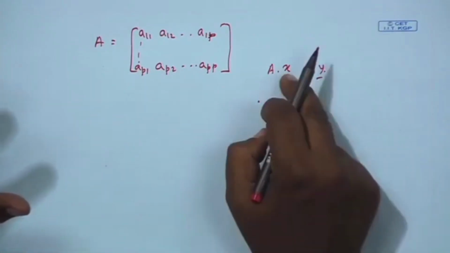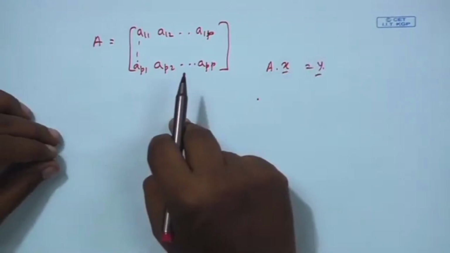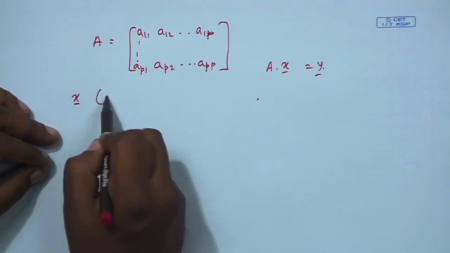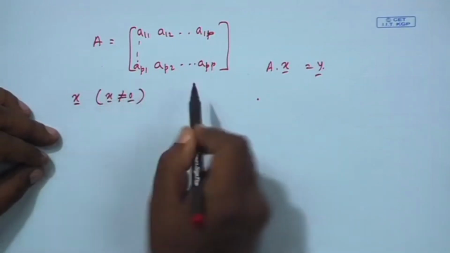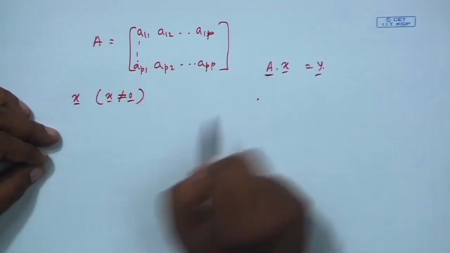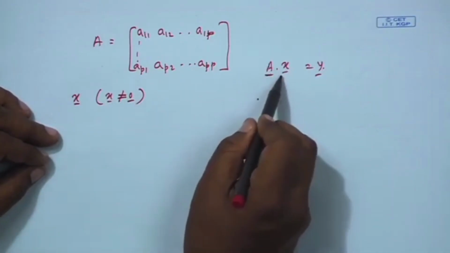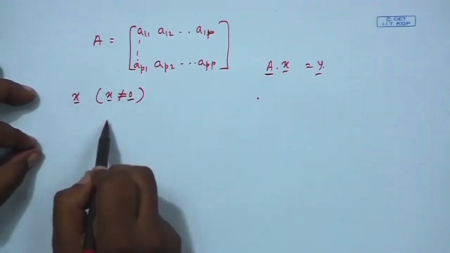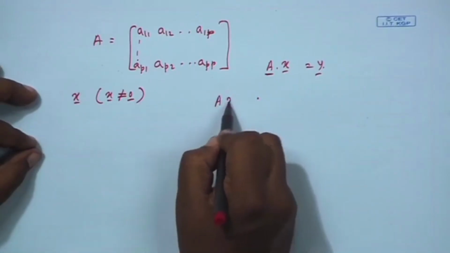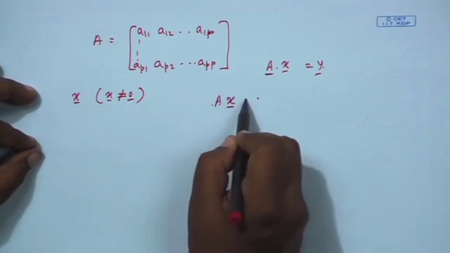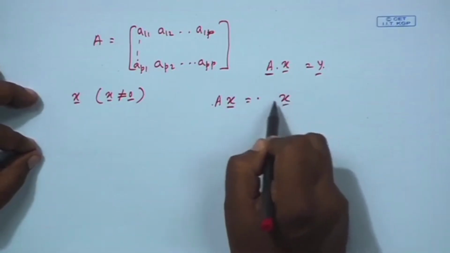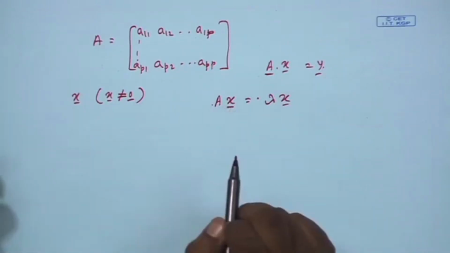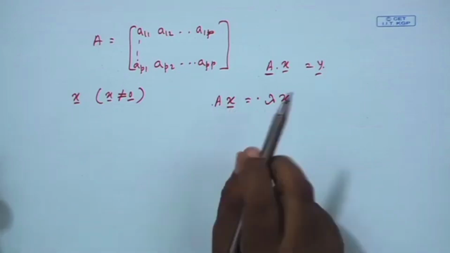Some x, some y. But for these matrices, there exists a class of vectors called eigenvectors x, where x must not be 0, of course, by definition. Underline means vector, underline means matrix: uppercase letter underlined is a matrix, lowercase letter underlined is a vector. There exists a class of such non-zero vectors, so that for them if you do A x, you get back the same x, all samples multiplied by a constant lambda. Then that x is called an eigenvector of A, and this lambda is called the corresponding eigenvalue.